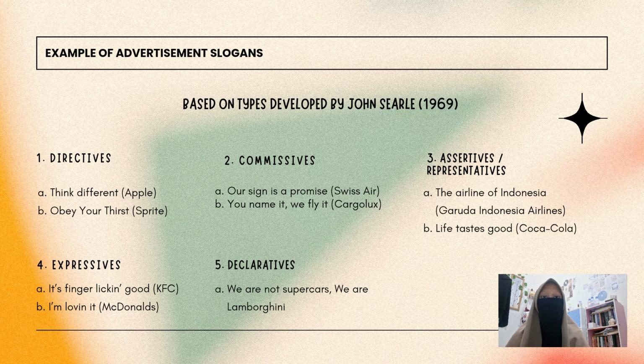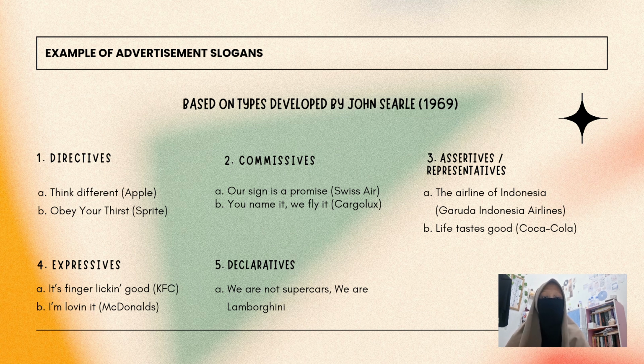And the second one is commissive. Commissive is like a promise of quality or a brand's commitment to consumers. The first example is from Swiss Air, which is an airline, and its slogan is "Our sign is a promise." So this slogan is promising customers that Swiss Air's product will be as good as what they can expect.